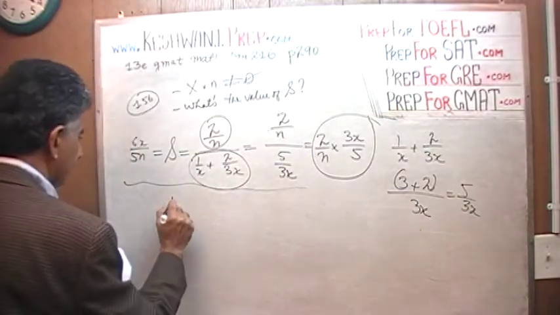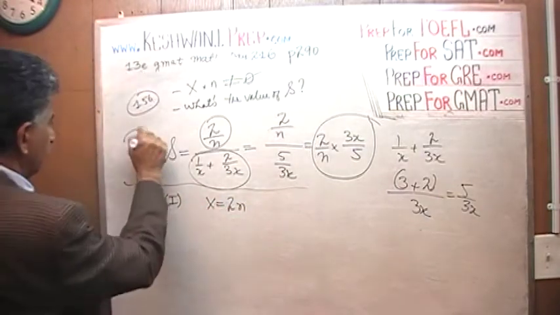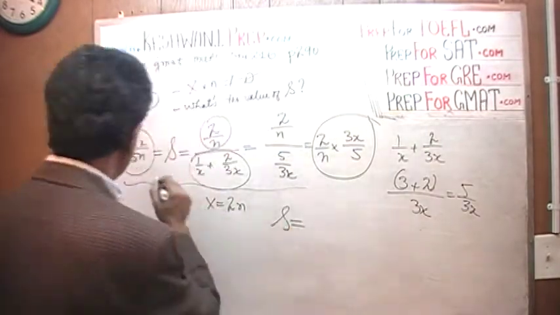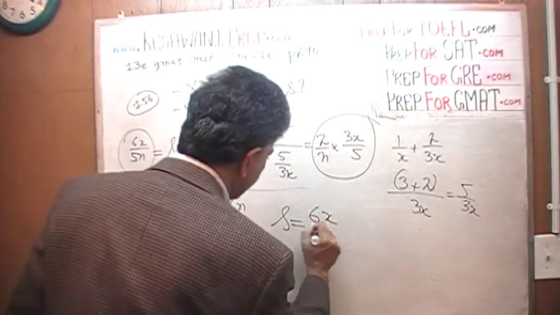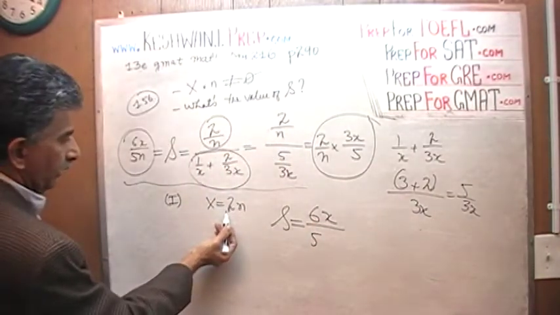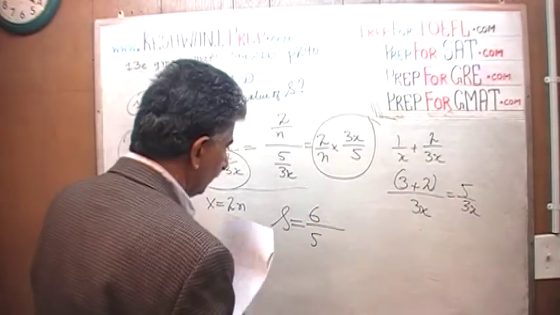The first statement tells us that x equals 2n. There you go, x equals 2n. We can put it right in here. So we know that s equals 6x over 5n, and x we know is 2n.